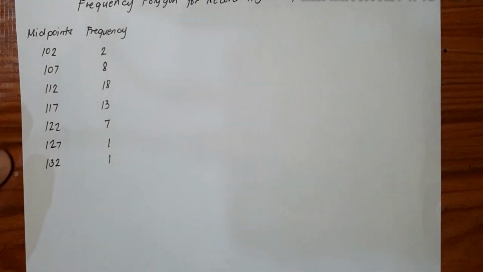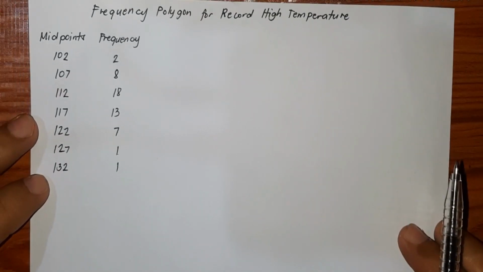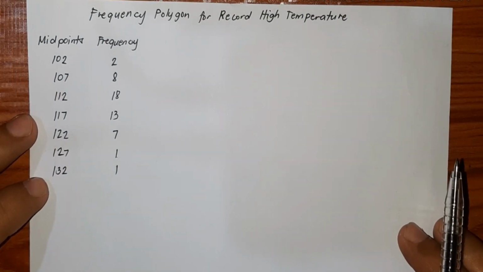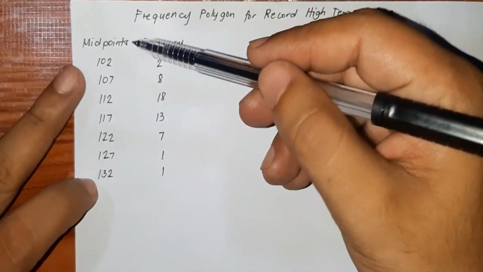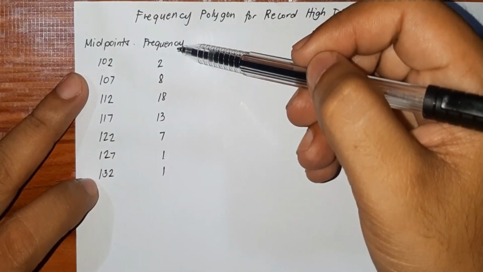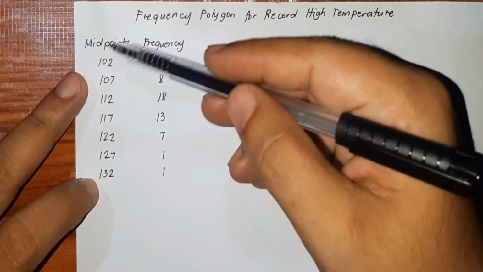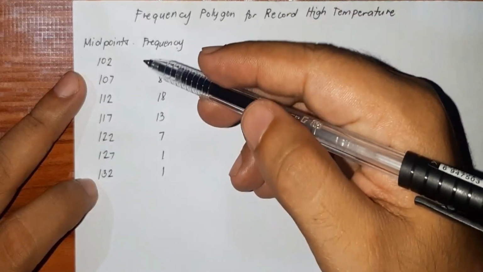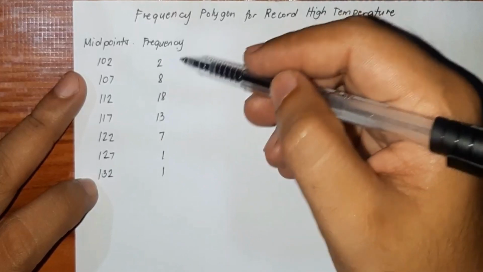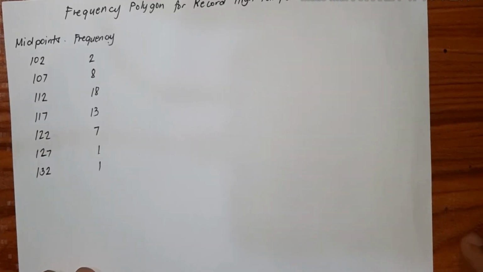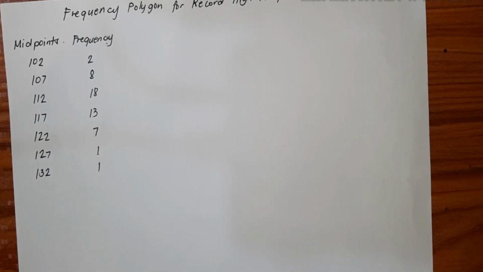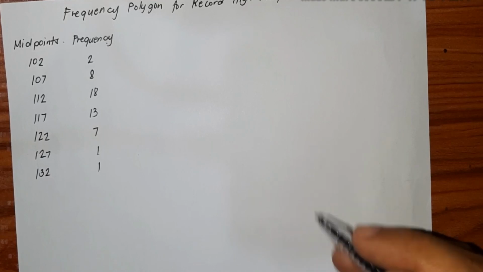Okay, so this is how we construct a frequency polygon for the record high temperature. So the data that we needed are the midpoints and then the frequency. Okay, yung midpoints natin, ito yung horizontal, yung sa x-axis natin, yung frequency natin ay yung vertical lines. Okay, so let us have a graph.